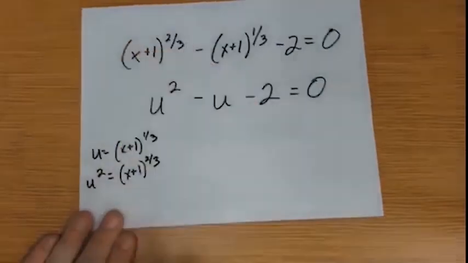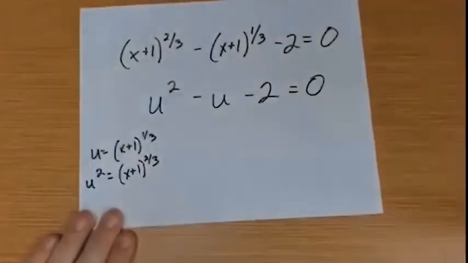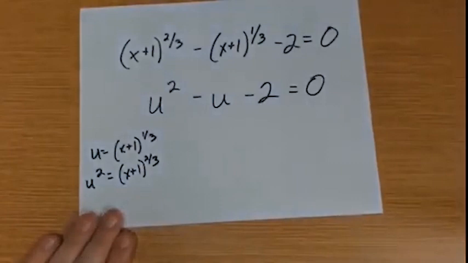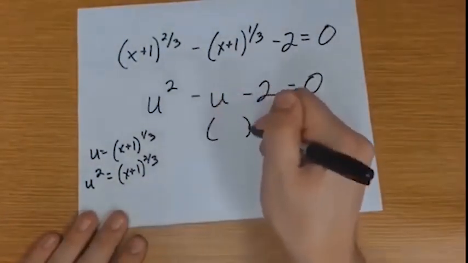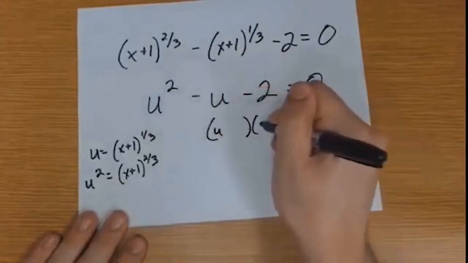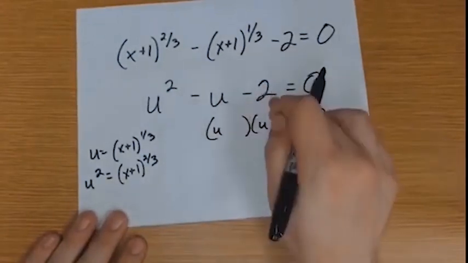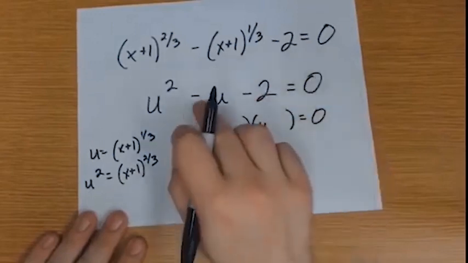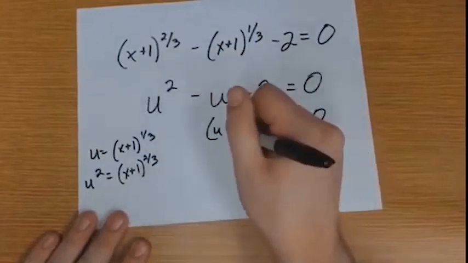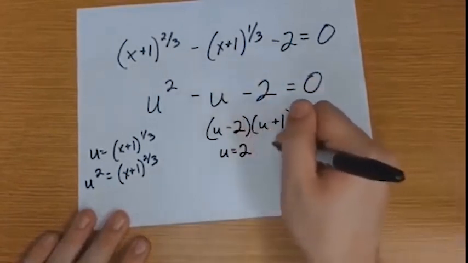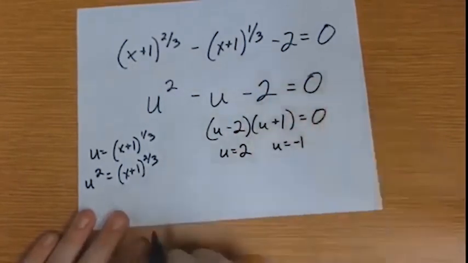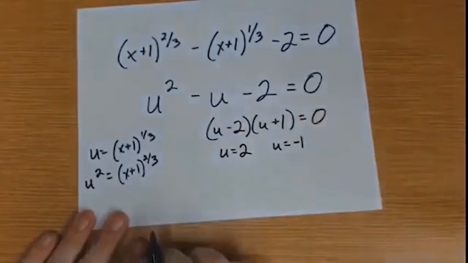And sure enough, u squared was replacing x plus 1 to the 2/3 power. So let's factor this. Numbers that multiply to negative 2 and add to negative 1 are negative 2 and positive 1. So u equals positive 2 and u equals negative 1.